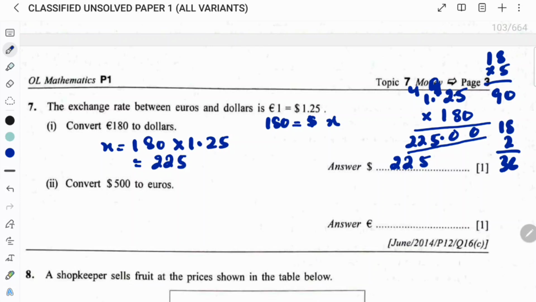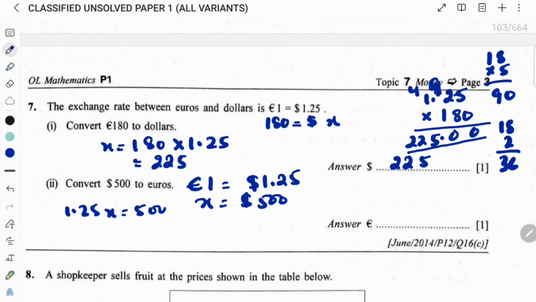Convert $500 into euros. So just write down 1 euro is $1.25 and $500 you just write down here is x. So just simply cross multiply. You will get 1.25x is equal to 500, and then x is equal to 500 divided by 1.25.